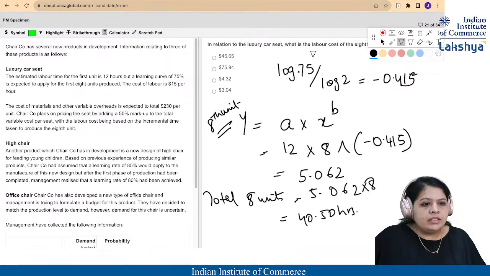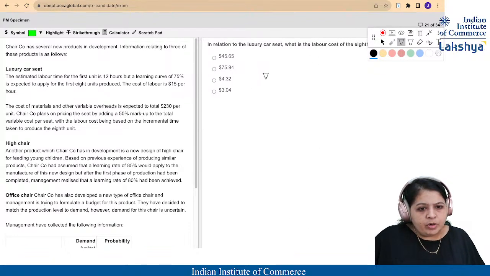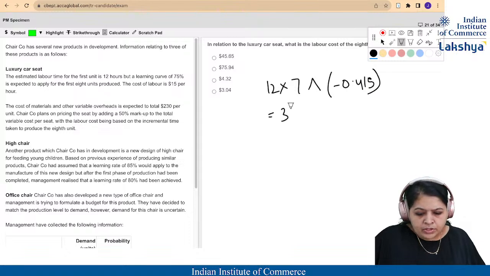The next one is we need to find out the 7th unit. So the same logic, but here we are going to do 12 into 7. Exponential is the formula or the symbol that you use for Excel, and hence I'm using the same one, right? Minus 0.415. This gives you 5.35 for the 7th unit.